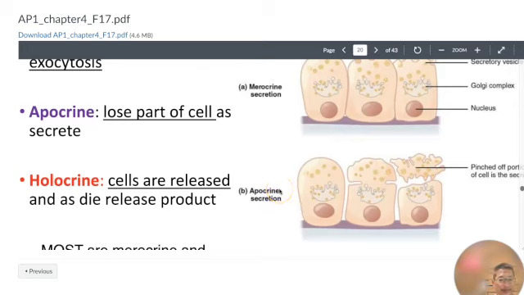Apocrine, it actually pinches off part of the cell. If you can remember, apocrine is like apex. Apex is like the top. So it pinches off part of the top, and then it secretes out.